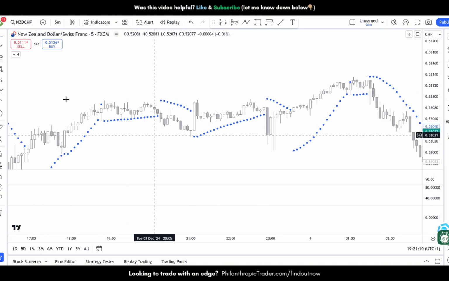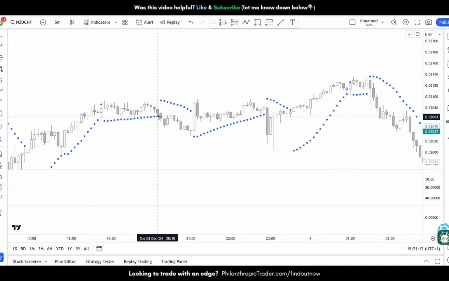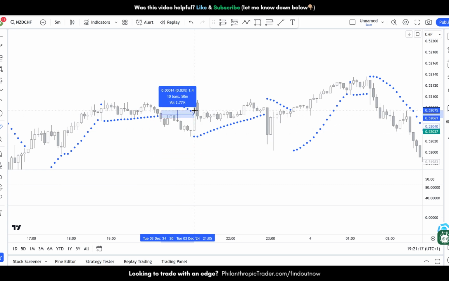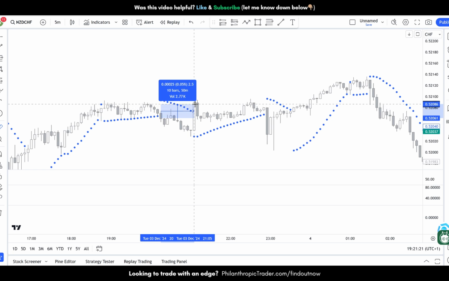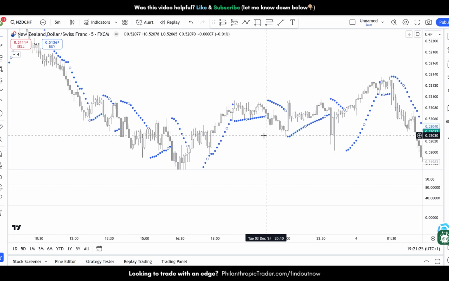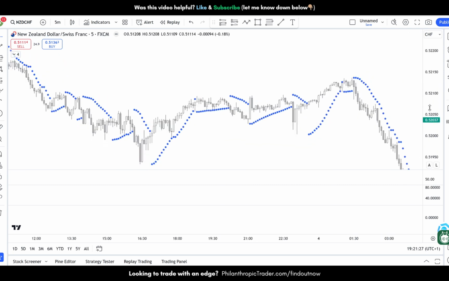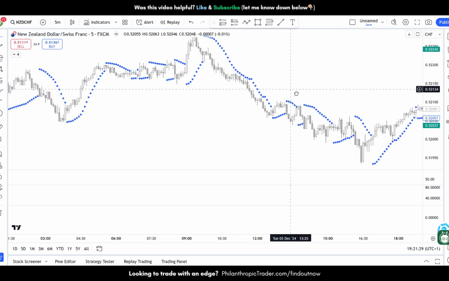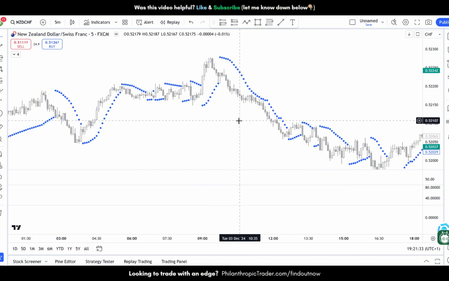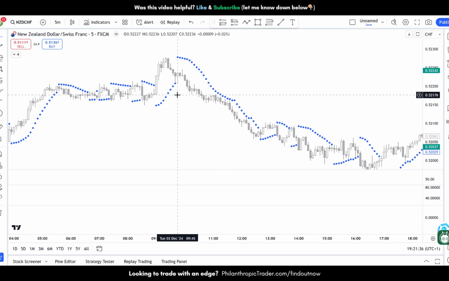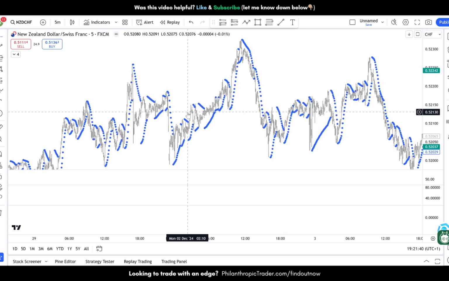And over here we also see that in the ranging market this is a sell, but over here we see that the blue dot appears, so that is a loss of almost 3 pips. So in a ranging market this is not good, and that's why I mention that this is a really great trending indicator, because you should use it if you are in a trending market, right?